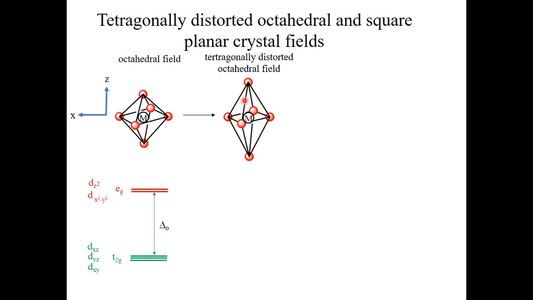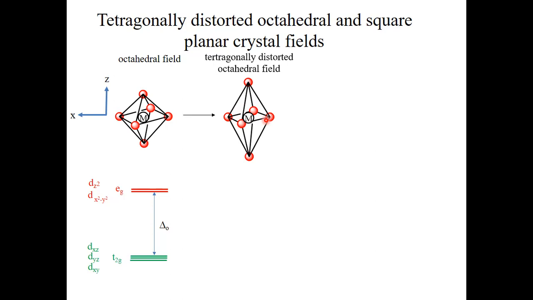And therefore, in order to compensate the loss of crystal field due to the fact that we move away these two ligands from the metal center, we have to move the other four ligands slightly toward the metal, creating somewhat stronger interactions, which are compensating the weakened interaction. So this just keeps the overall crystal field the same.